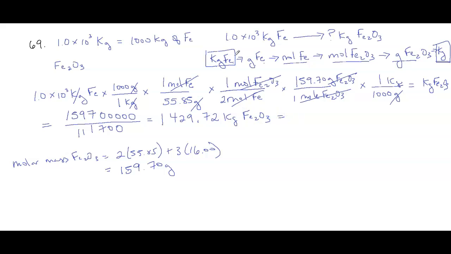And if I put that into significant digits, that's going to be 1.4 times 10 to the 3. Oop, what am I doing? Sorry. I have to move my decimal from here 3 spaces. So 1.4 times 10 to the 3 kilograms of Fe2O3. That is the answer.